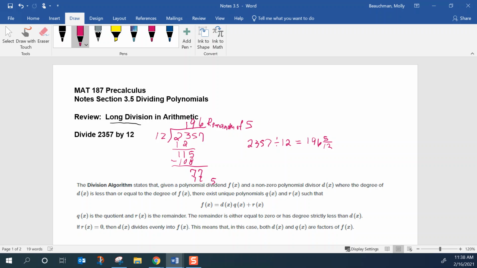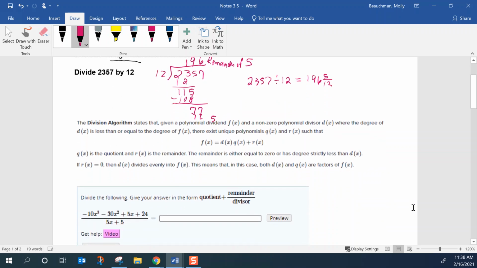So the division algorithm, just to remind you, states that given a polynomial dividend f of x, in this example we had a numeric dividend, and a non-zero polynomial divisor d of x, where the degree of d of x is less than or equal to the degree of f of x, there exist unique polynomials q and r of x such that your function can be written as the divisor times the quotient plus the remainder. q of x is the quotient, r of x is the remainder.